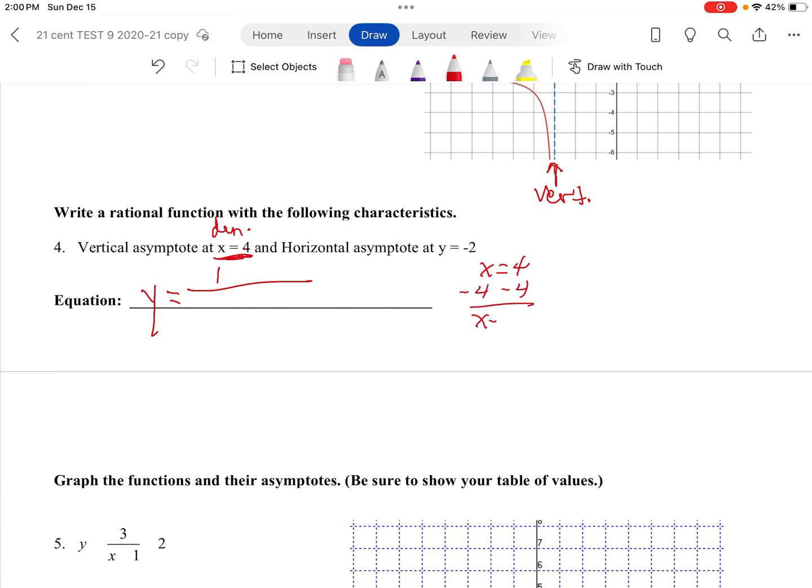So I get x minus 4 equals 0. So it is 1 divided by x minus 4. Then I can put my horizontal asymptote of -2 out here in the k spot, h, k.